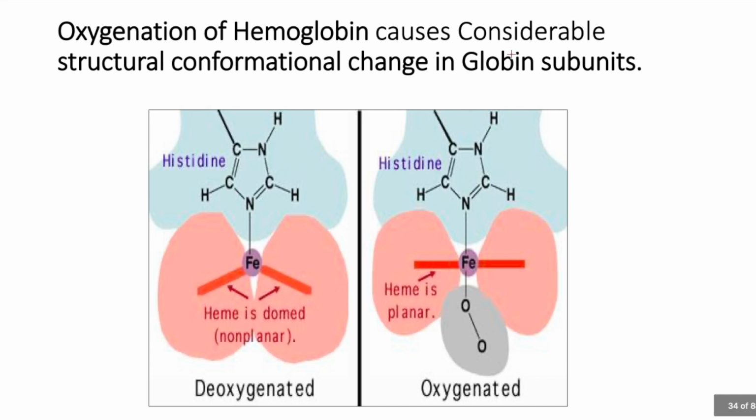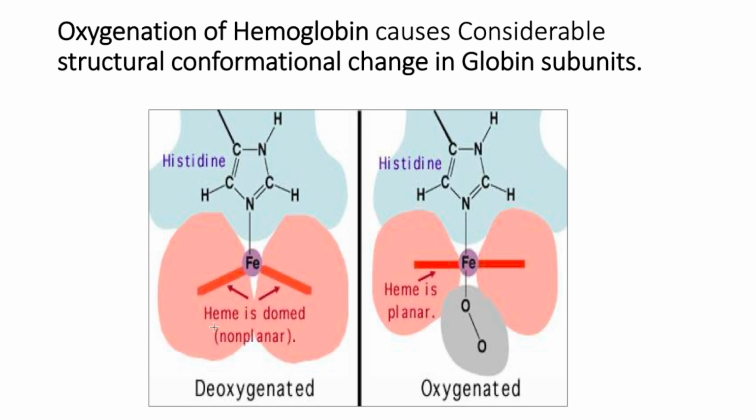Oxygenation of hemoglobin causes considerable structural conformational change in the globin subunit. You can see this is the deoxygenated part where the heme is domed, or you can say non-planar in the system, and this is your proximal histidine of the globin part. Now when it is oxygenated, there is a gap, a vent kind of arrangement, and the heme group becomes planar.